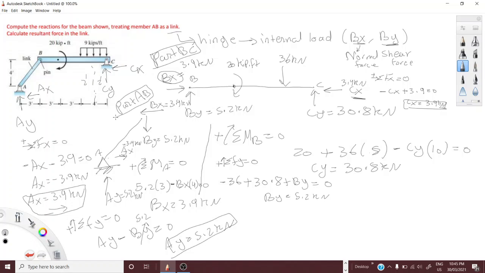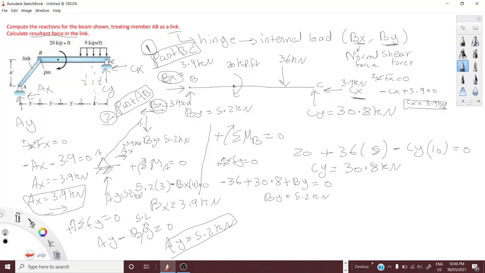So I started with part BC, then went with part AB in order to find Bx, so that I can substitute its opposite direction in order to find Cx, and then use the summation of Fx and Fy to find the support at A. But actually, the question says to calculate the resultant force in the link.